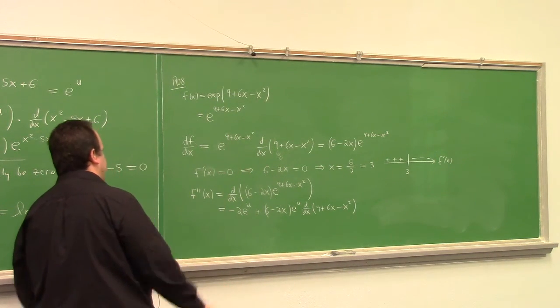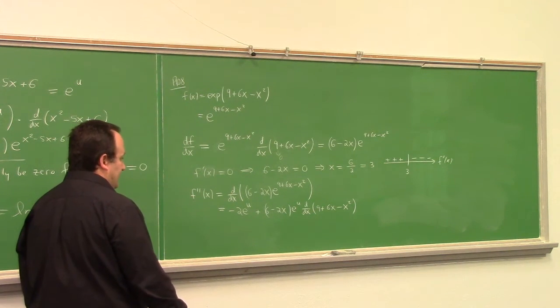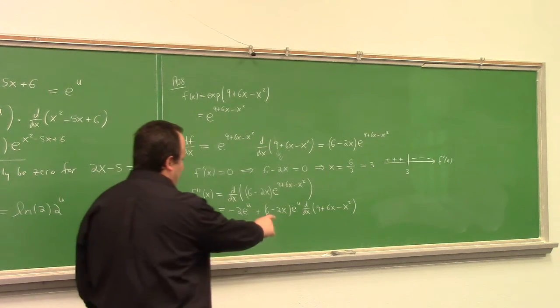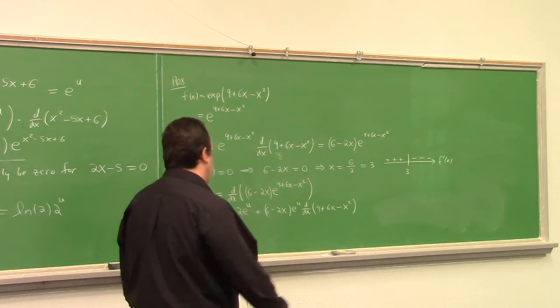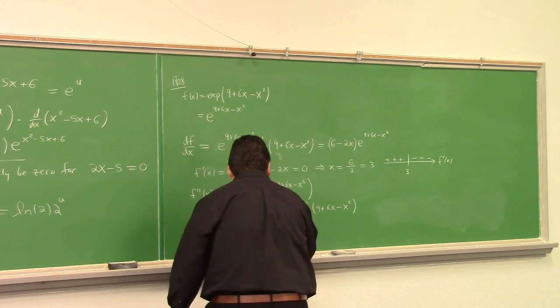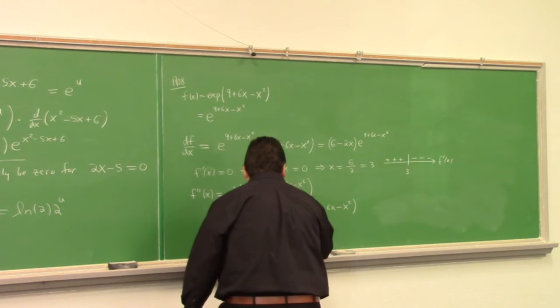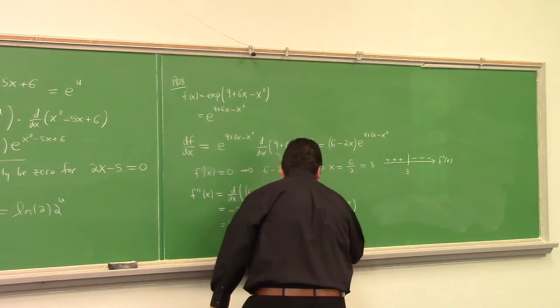I guess technically I should say let u equal to that exponent, but I'll write it out in the next step. So this gives us another 6 minus 2x term, right? So we've got minus 2 plus 6 minus 2x times 6 minus 2x, all times that exponential, right?